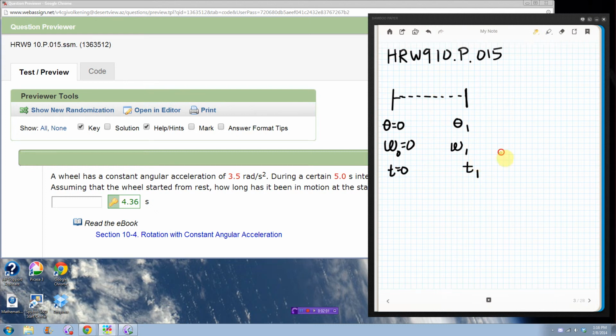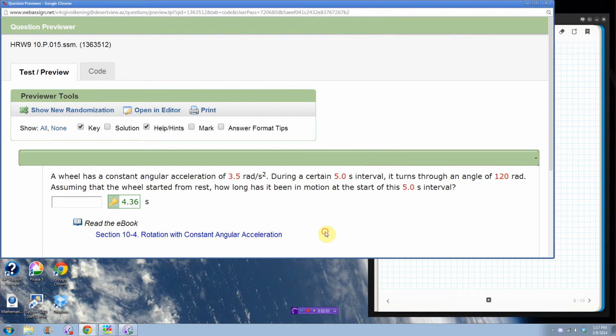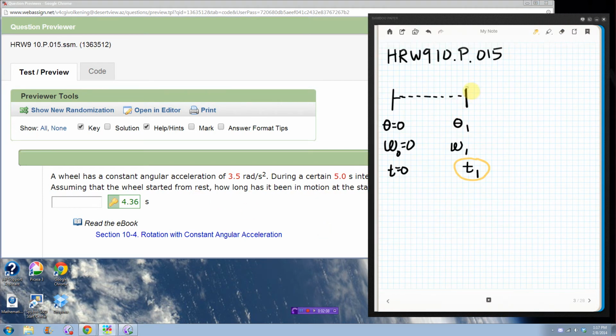It says how long it has been in motion at the start of the 5-second interval. So this is when I'm pushing the button on my stopwatch, so this is the time I want. Then this thing continues spinning, and boom, that's when I'm stopping. At that point, from the very beginning, the wheel has turned through an angle theta 2.